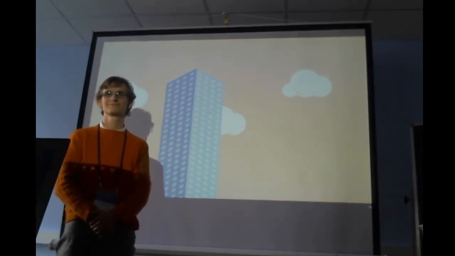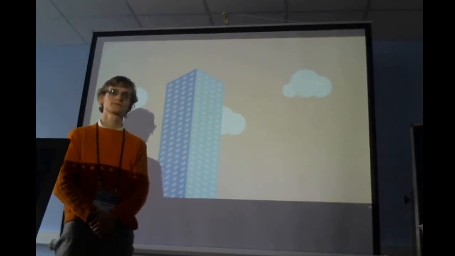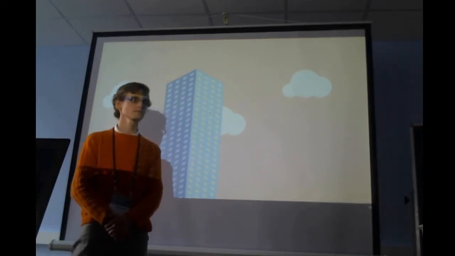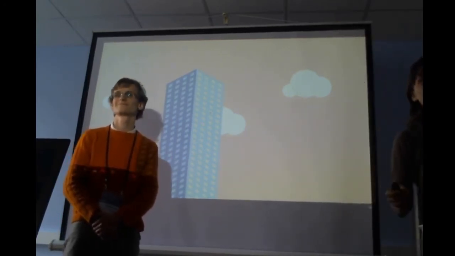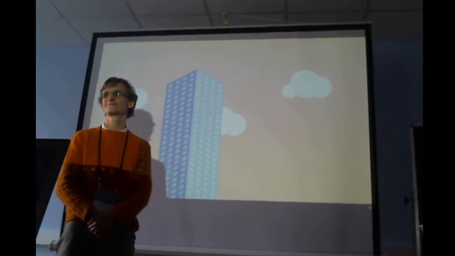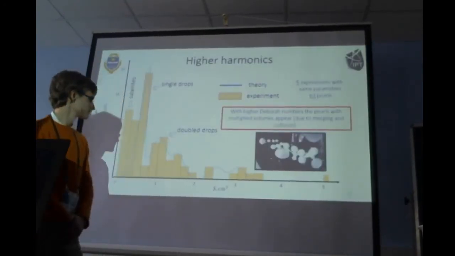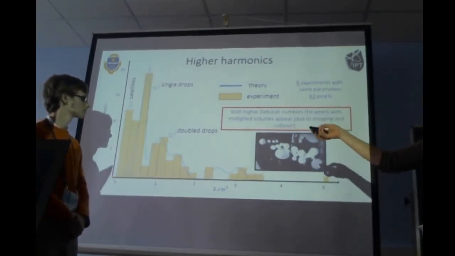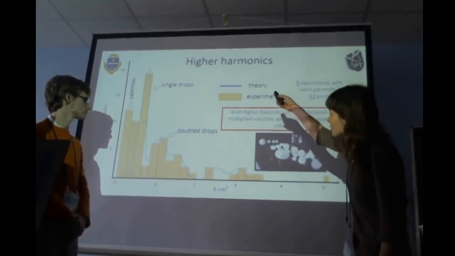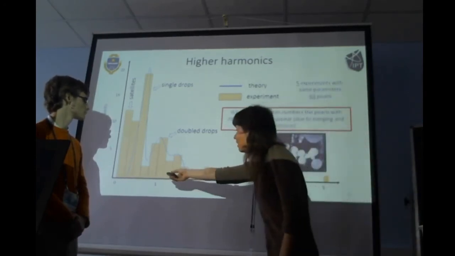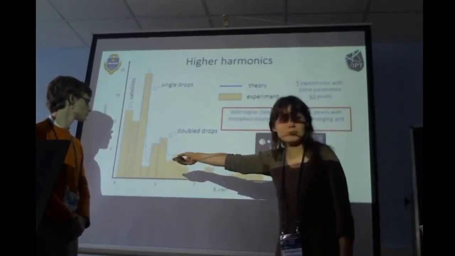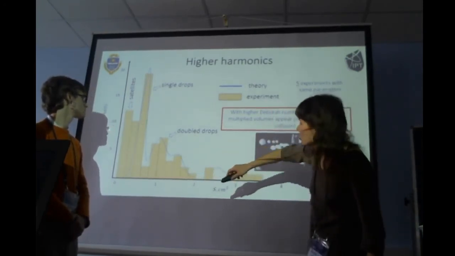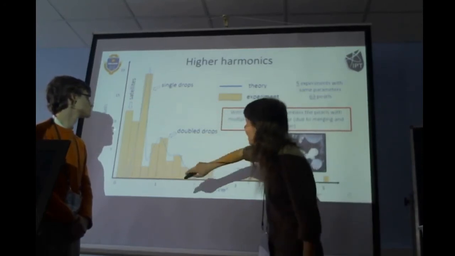Okay. Any other questions? On slide 37, the higher harmonics. What did you exactly fit on this data? This is the fitted distribution. The fitted parameters were the standard deviation for the first harmonic, and the height of each.